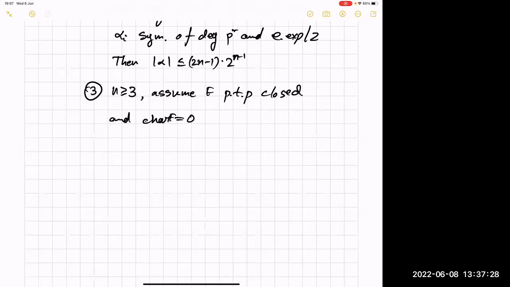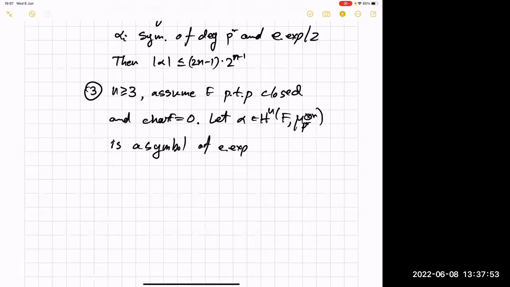So let again alpha in H^n(F, mu_p^{⊗r}) be a symbol of effective exponent dividing p^(r-1), then the symbol length of alpha is at most p^(n-1).